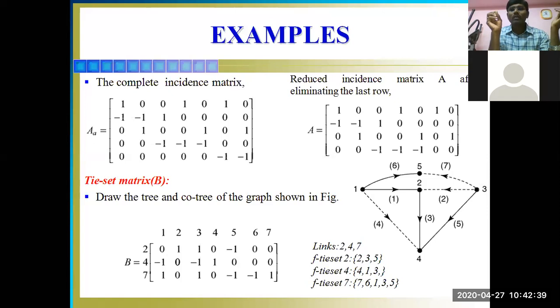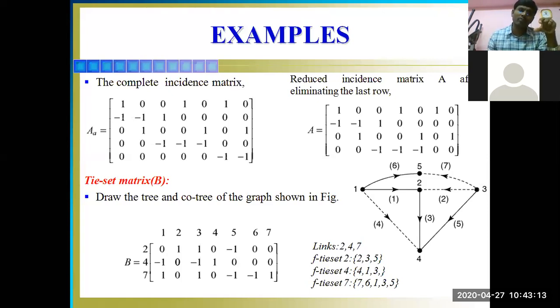A tree should consist of all nodes, but there should not be any closed path, and the number of twigs is equal to n minus 1, where n is the number of nodes.